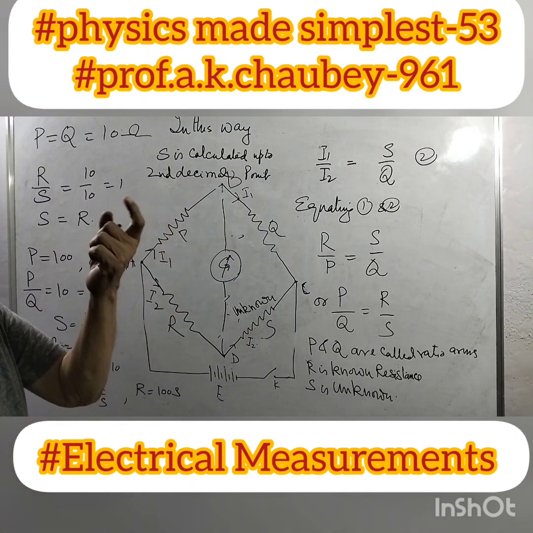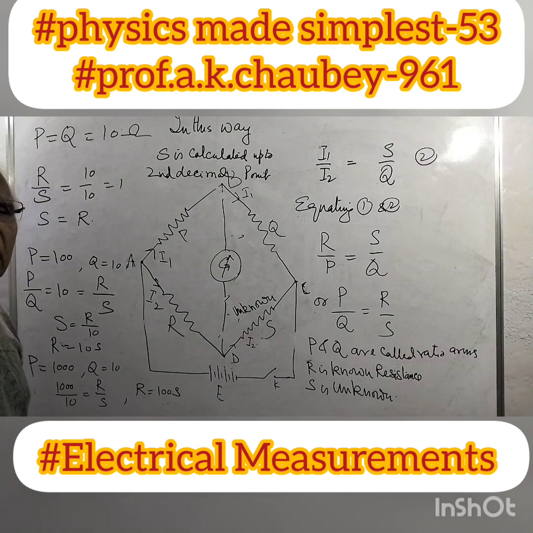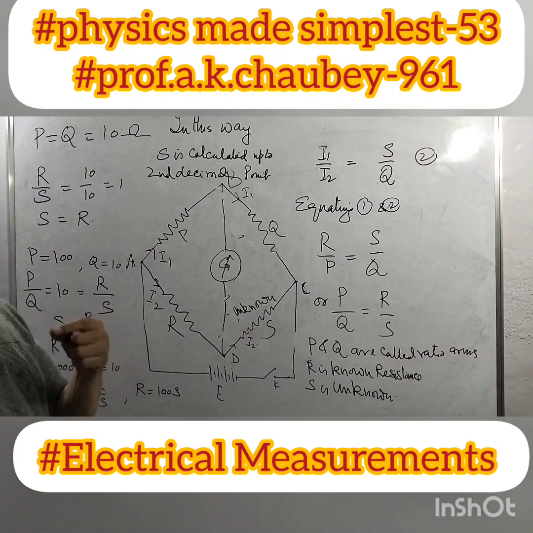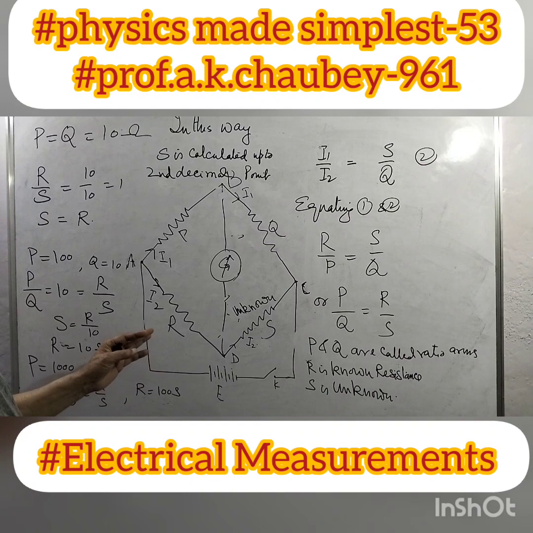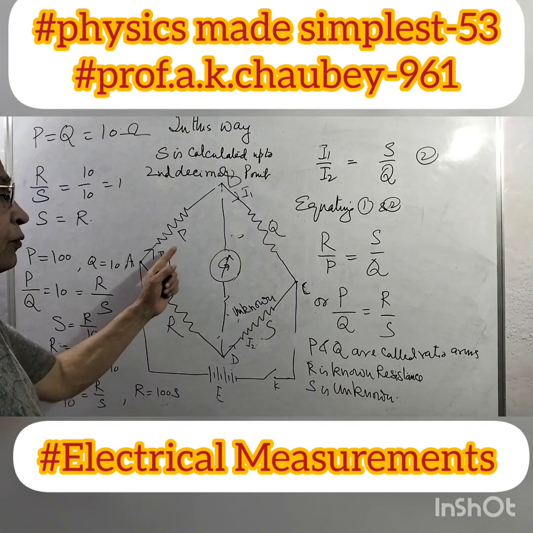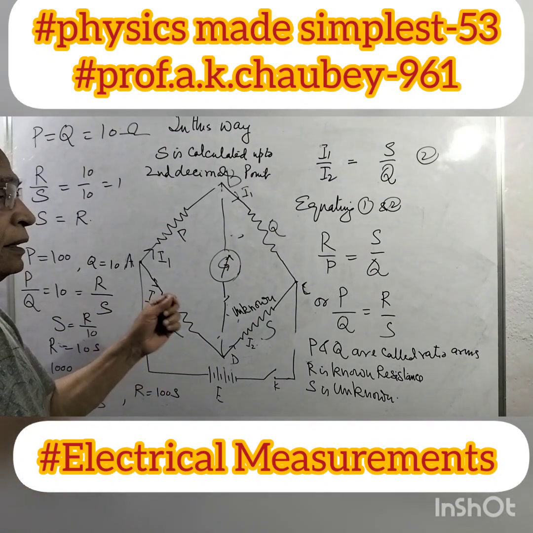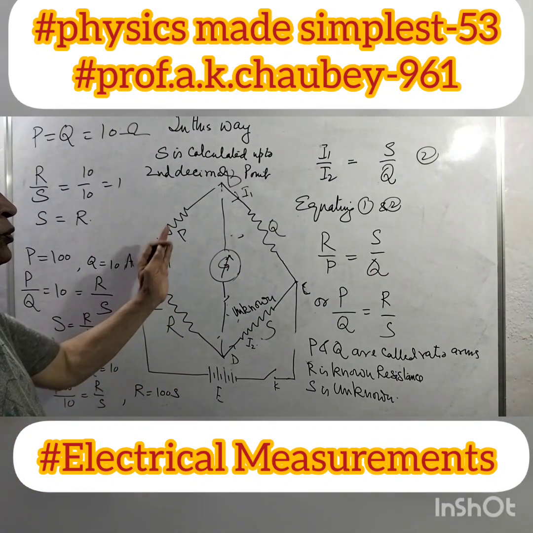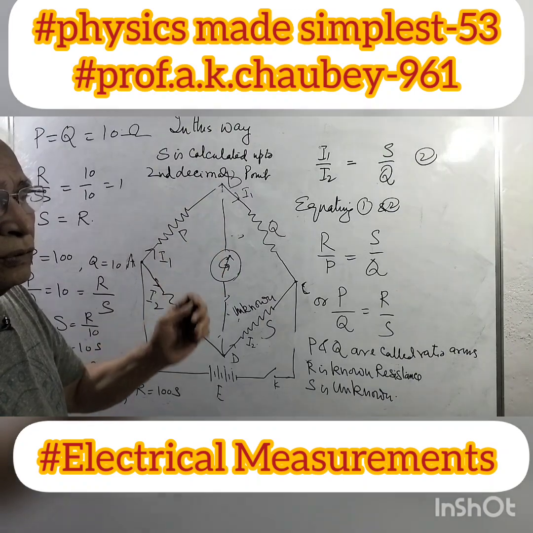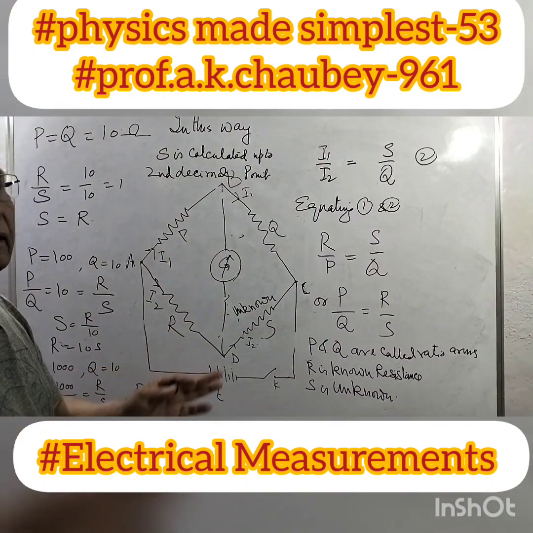So small current fluctuations you can't read. Fluctuations cannot be taken into account. So the bridge is sensitive only when all four arms have nearly equal resistances, so the ratio is 1. Then small current fluctuations can be read.